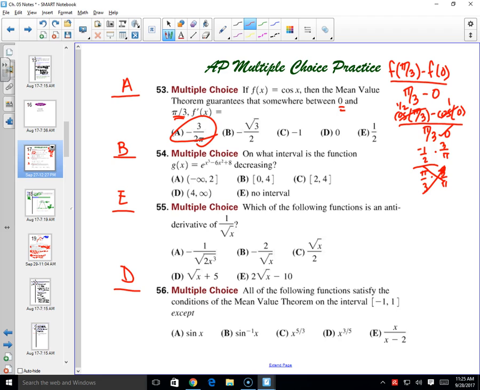Does anybody have a question or somewhat of a question on 54? Okay, who can talk it out? I got it wrong. Who can talk it out? Okay, Noah. Yeah, so I took the derivative, which was? Parentheses 3x squared minus 12x close parentheses and the e to the power of x. Okay, now what?